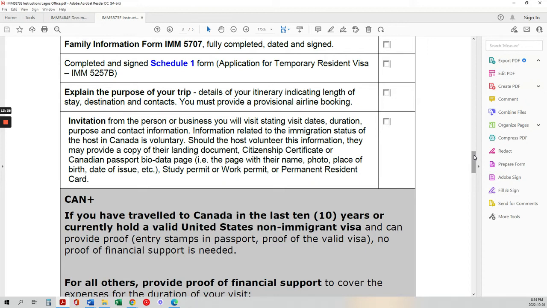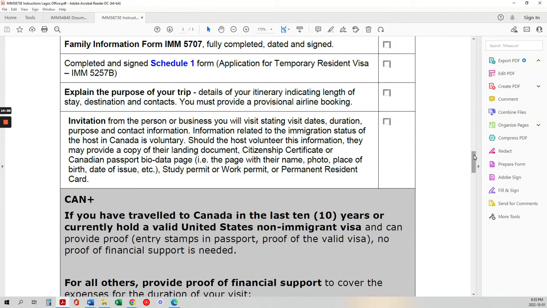And you also must provide a provisional airline booking. Now what this is, you can contact ticket agents, and they can do a temporary booking. It's just like a visual thing that shows when you are going to be traveling.